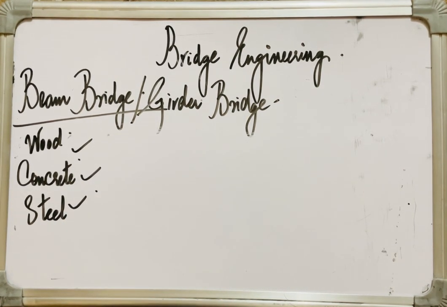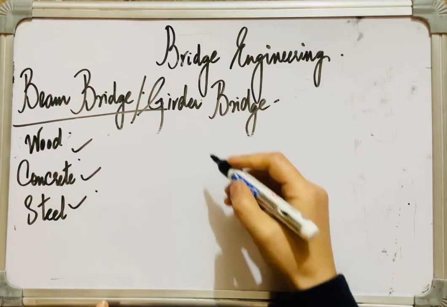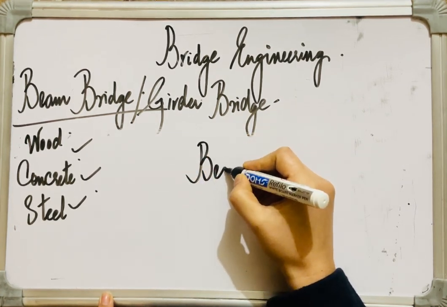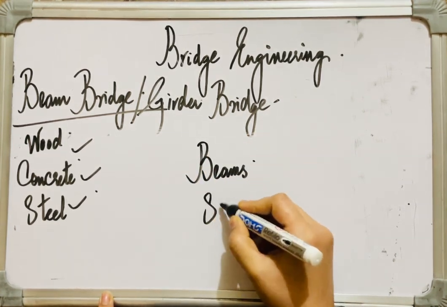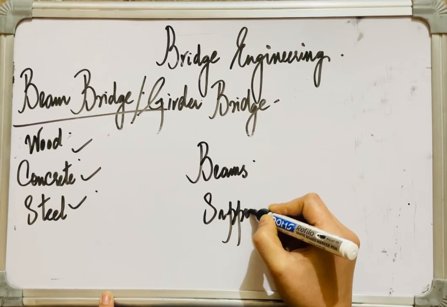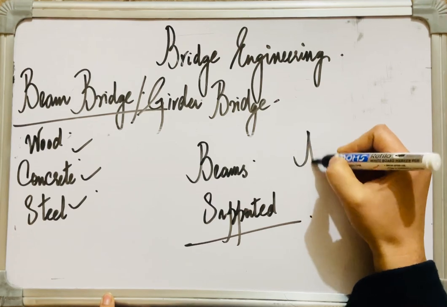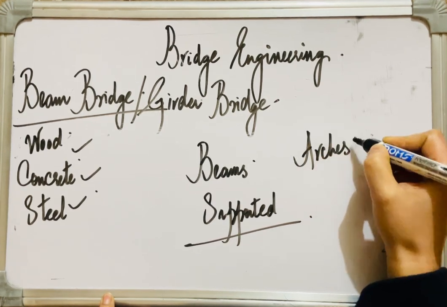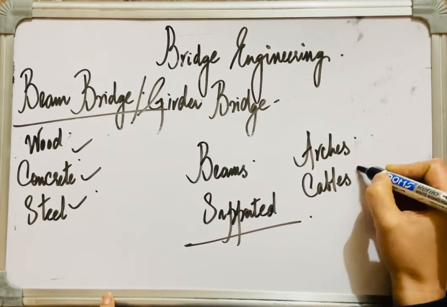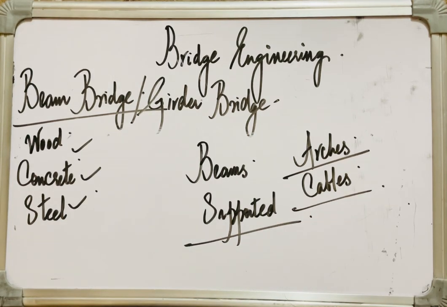And unlike more complex bridge designs, these beam bridges or girder bridges directly support the loads through beams. These support loads directly through the beams without transferring the stresses through arches or cables, which we are going to learn about in other bridge forms, wherein they transfer the stresses via arches or cables.